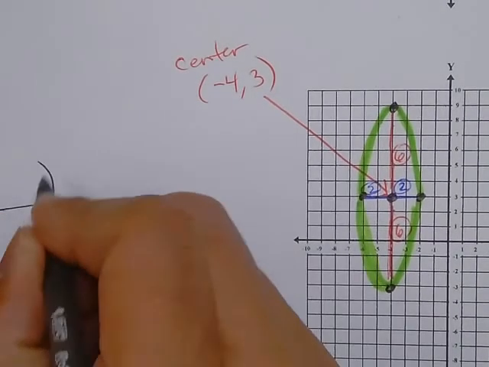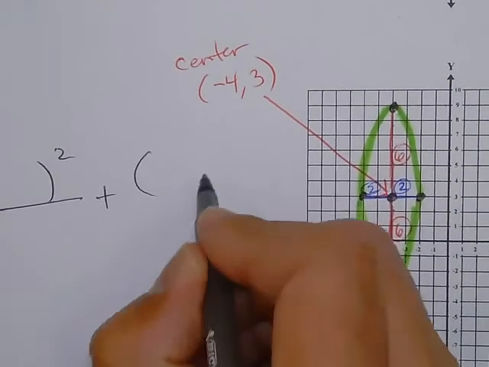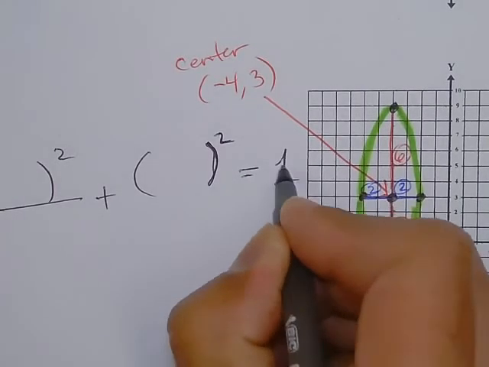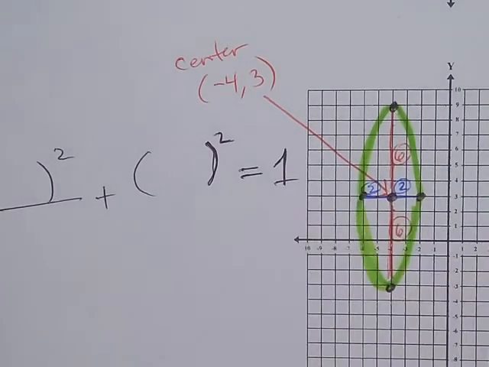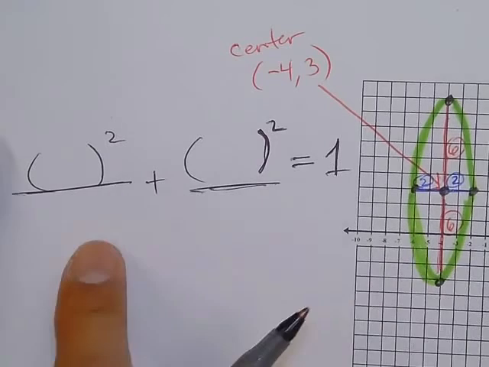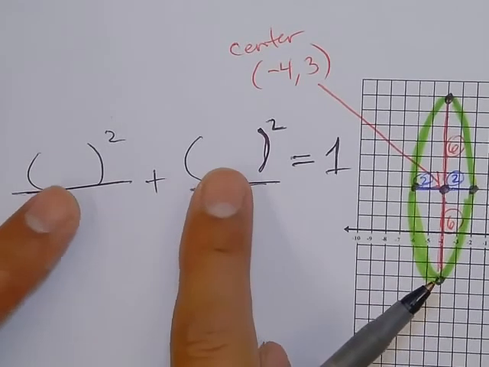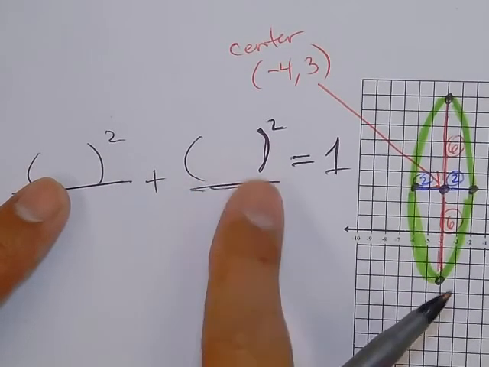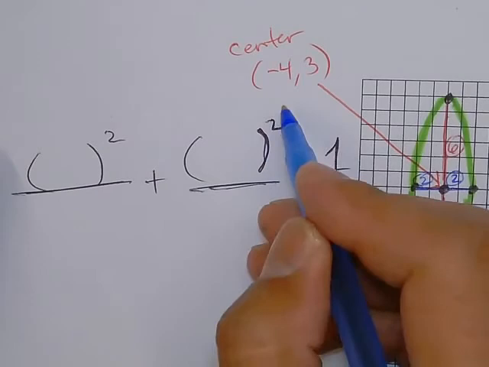Let's see. It has to be parentheses something squared, parentheses something squared equals 1, right? It always equals 1. And we're also going to get some numbers on the bottom. But let's worry about the top first.